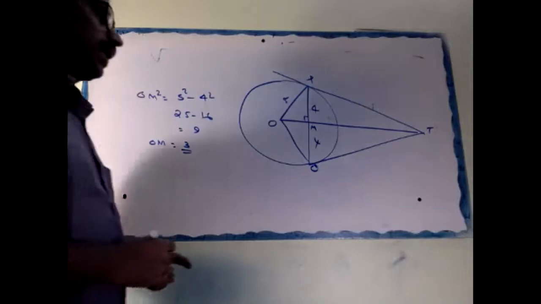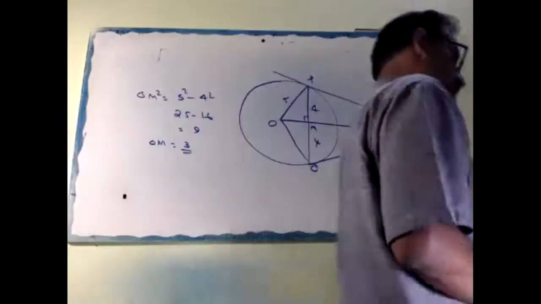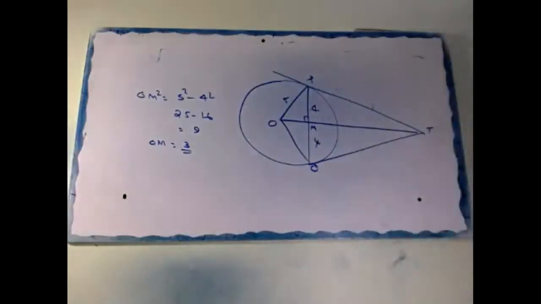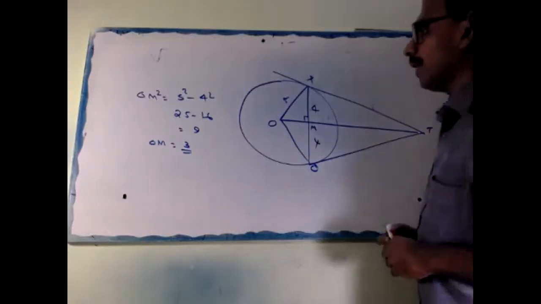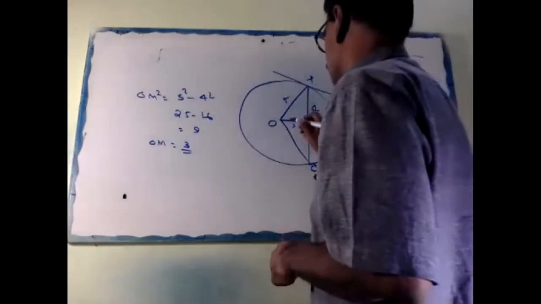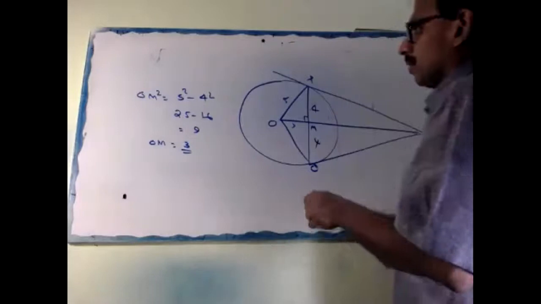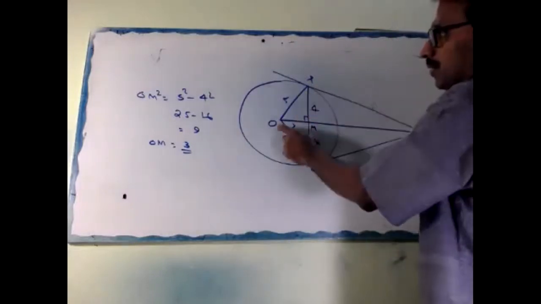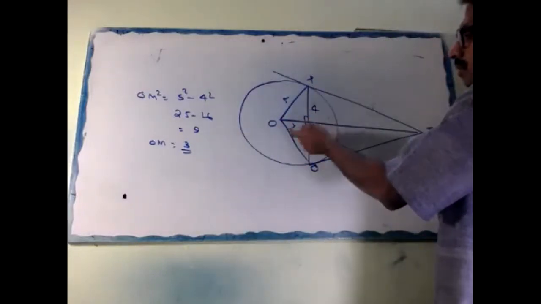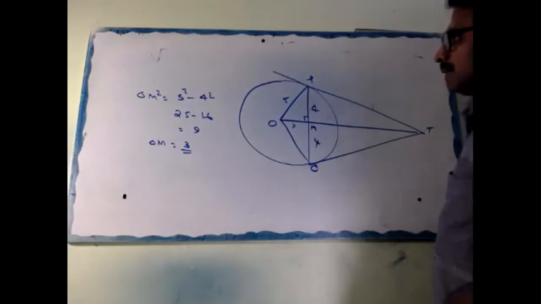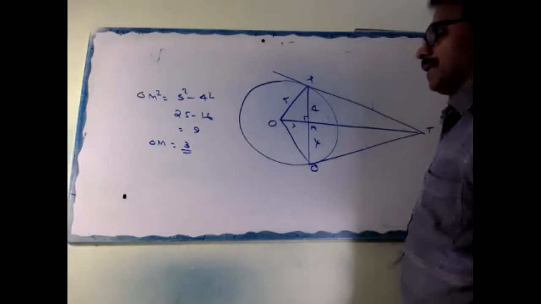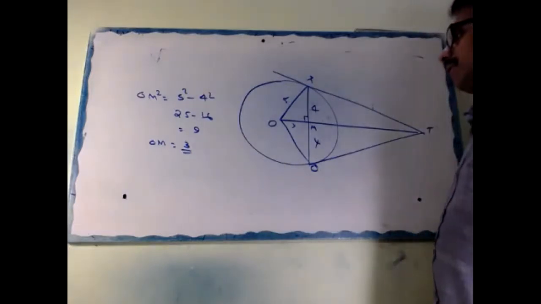Okay, right. In triangle OMP, OP square equal to OM square plus PM square, by Pythagoras theorem.